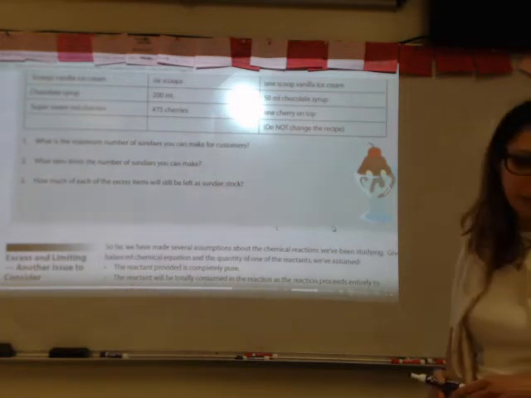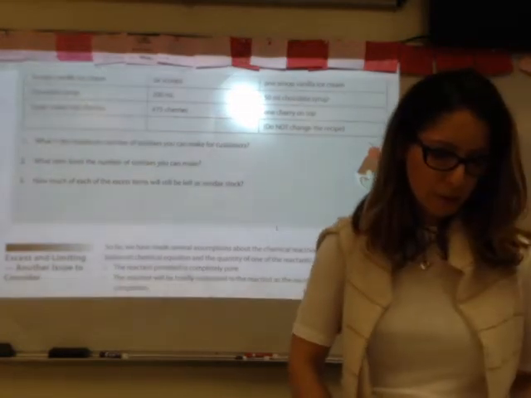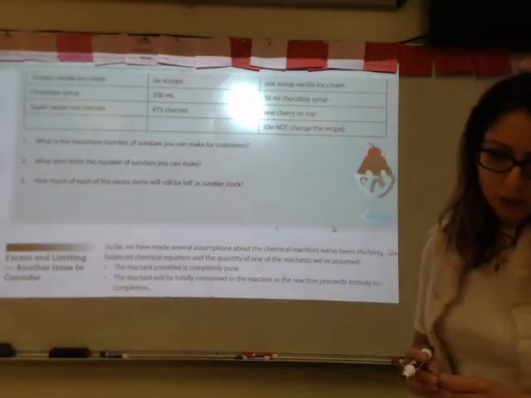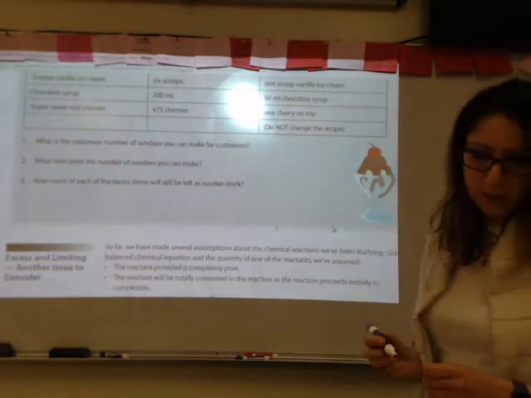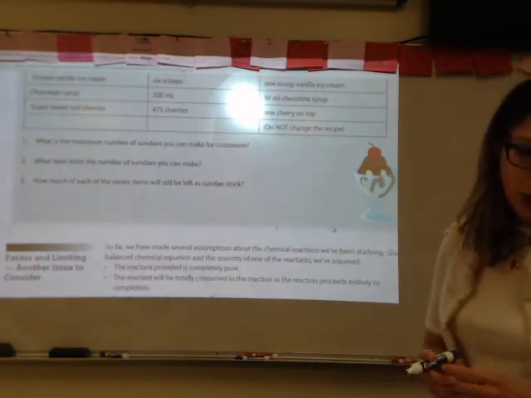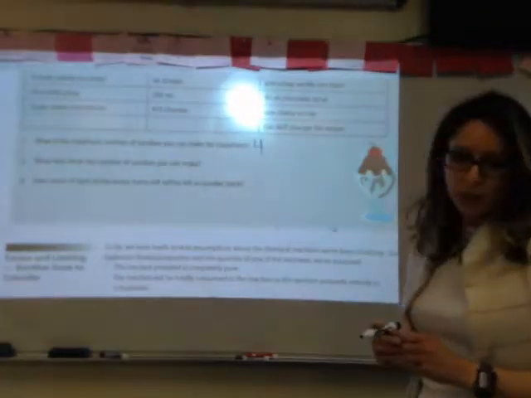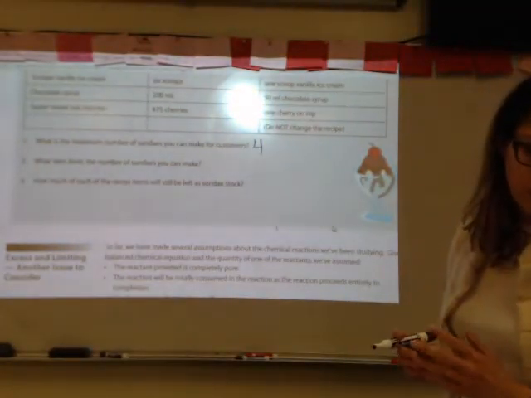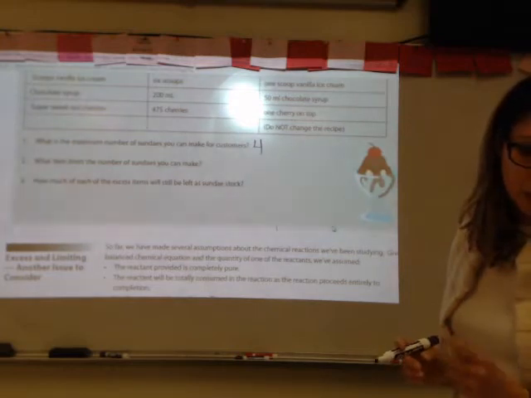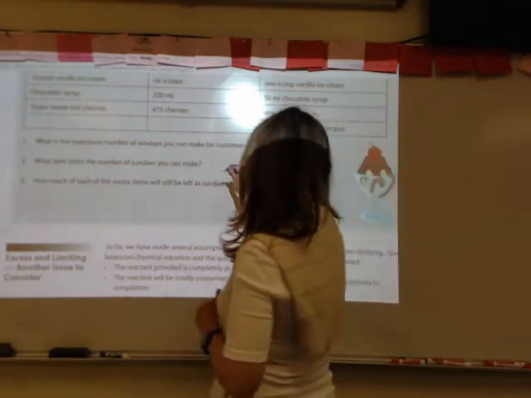It says, what is the maximum number of sundaes that you could make for customers? Based upon the number of items that we have available, I would say we could make 4. What item limits the number of sundaes that you can make? Well, the chocolate syrup, I think, is going to limit how many we can make.